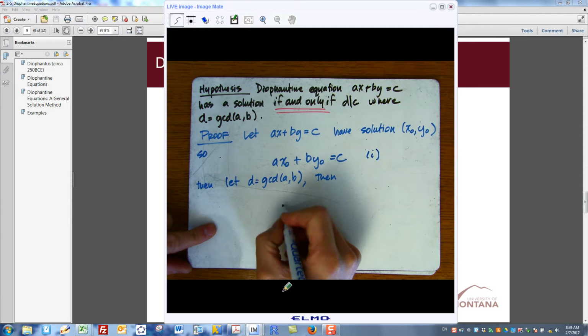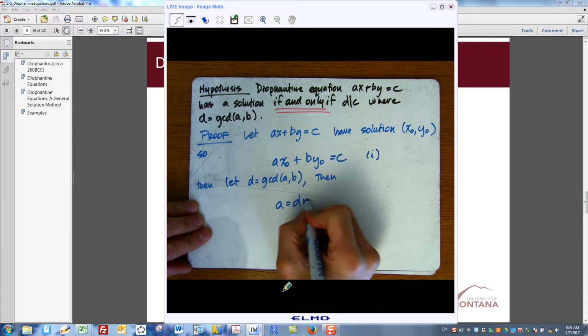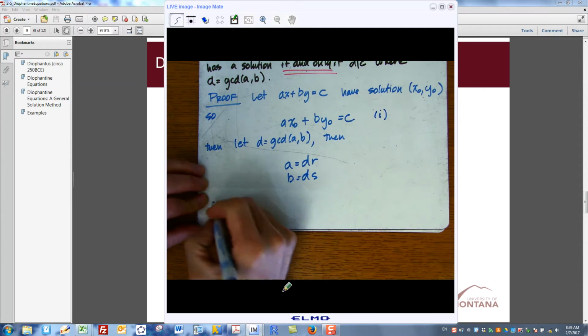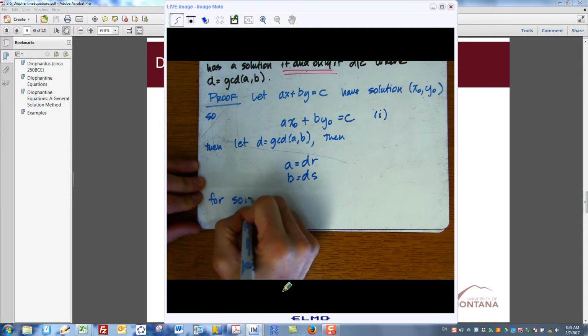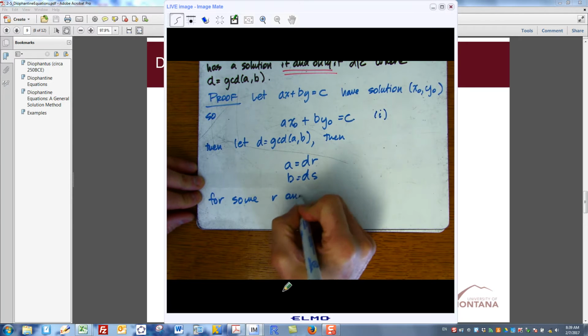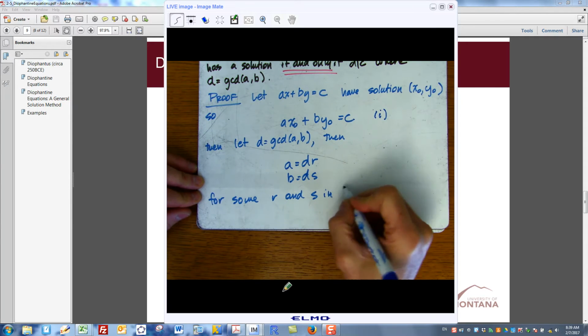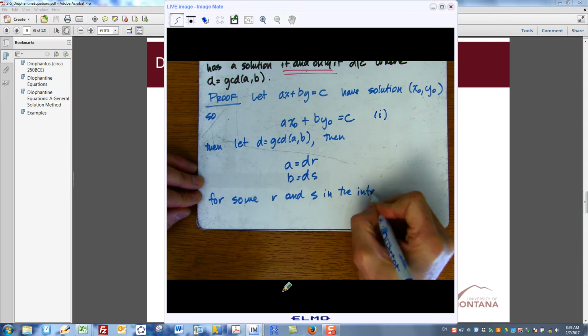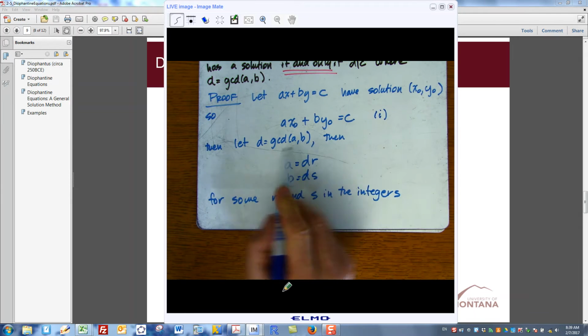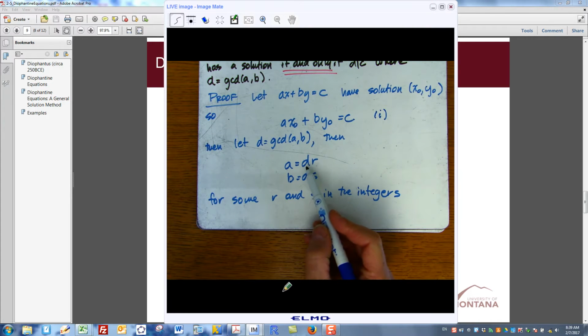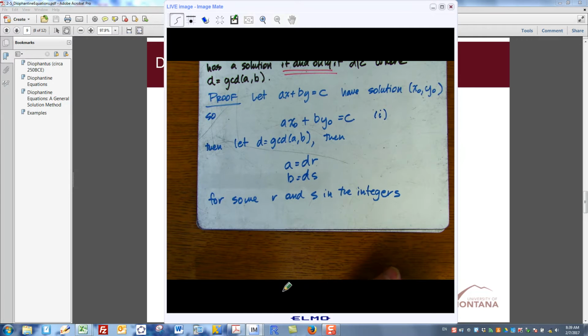Well, we can say that a is equal to some dr and b is equal to some ds for some r and s in the integers. So keep in mind that d being a common divisor of a and b means that I can find some multiple of d that's equal to a and some multiple of d that's equal to b. That's all this is saying here, right?